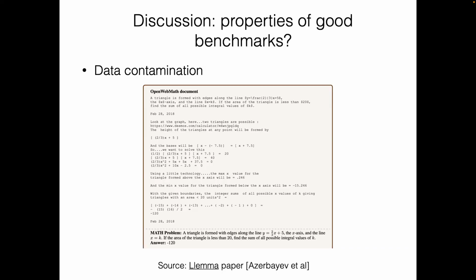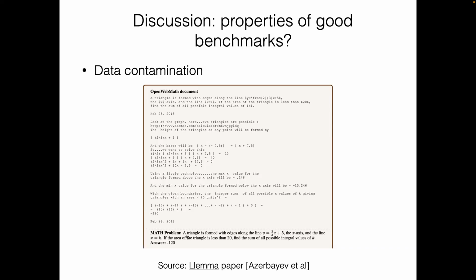We put together a continued pre-training data set using this math data from various websites. And we actually did find that these problems from this common benchmark did show up on these different websites. So here's one example.